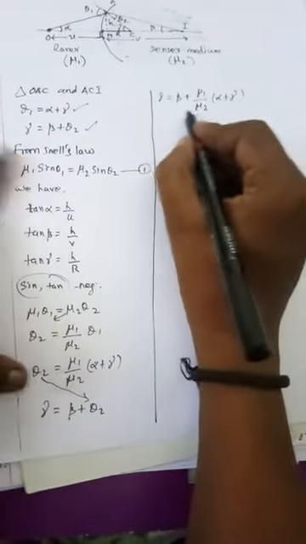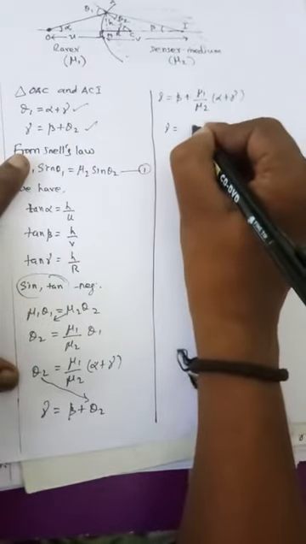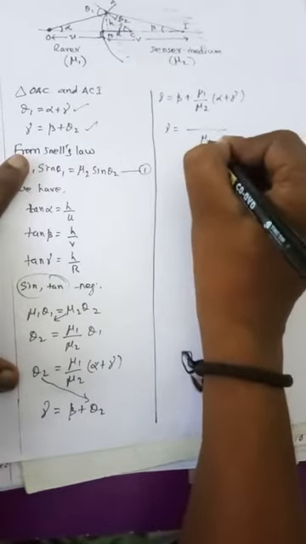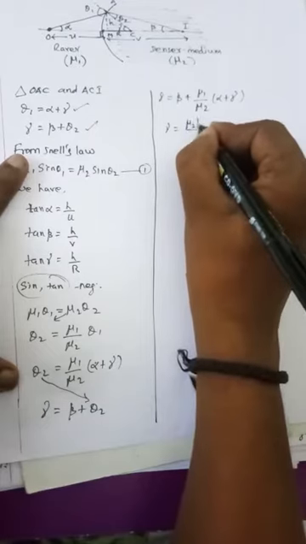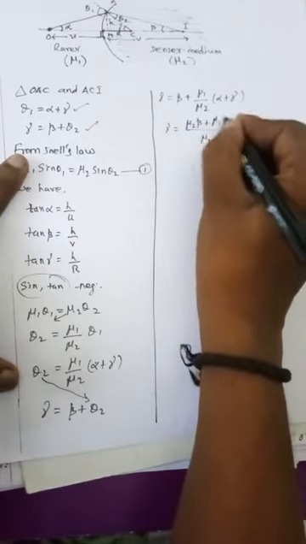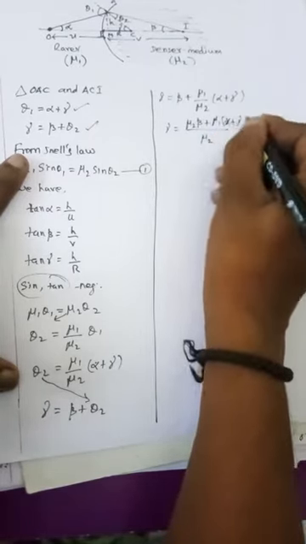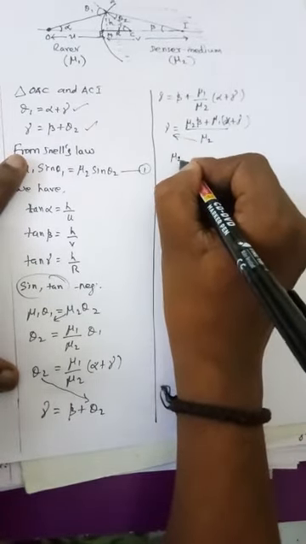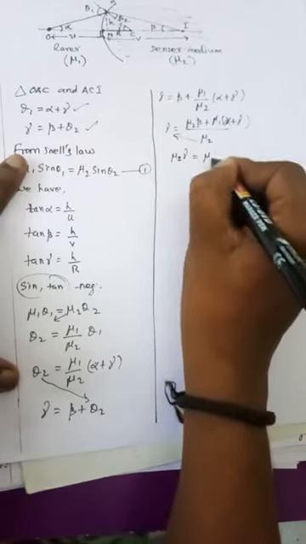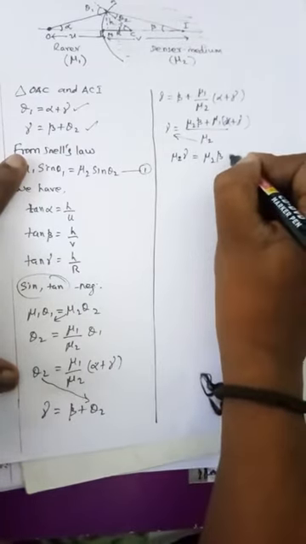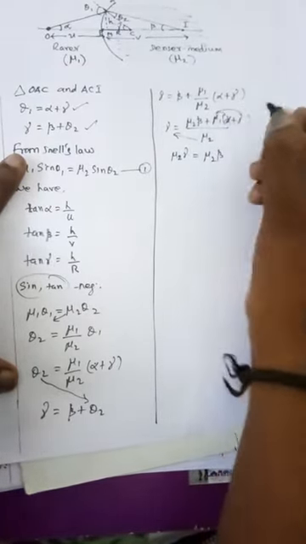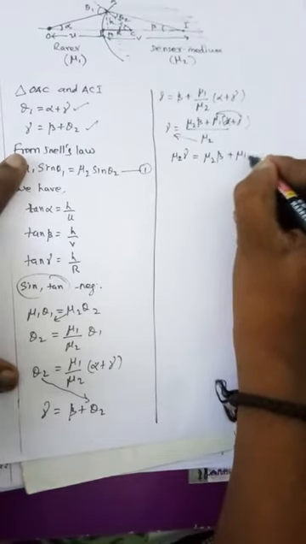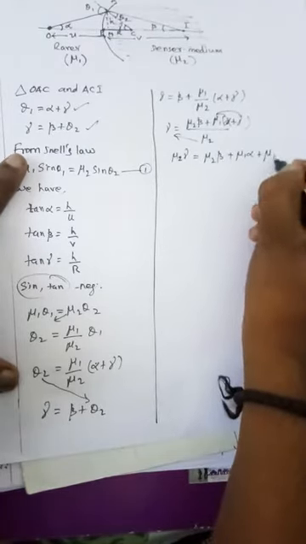Now take the LCM of mu2, so gamma is equal to mu2 beta plus mu1 alpha plus gamma, over mu2. Cross multiply: mu2 gamma is equal to mu2 beta plus mu1 alpha plus mu1 gamma.